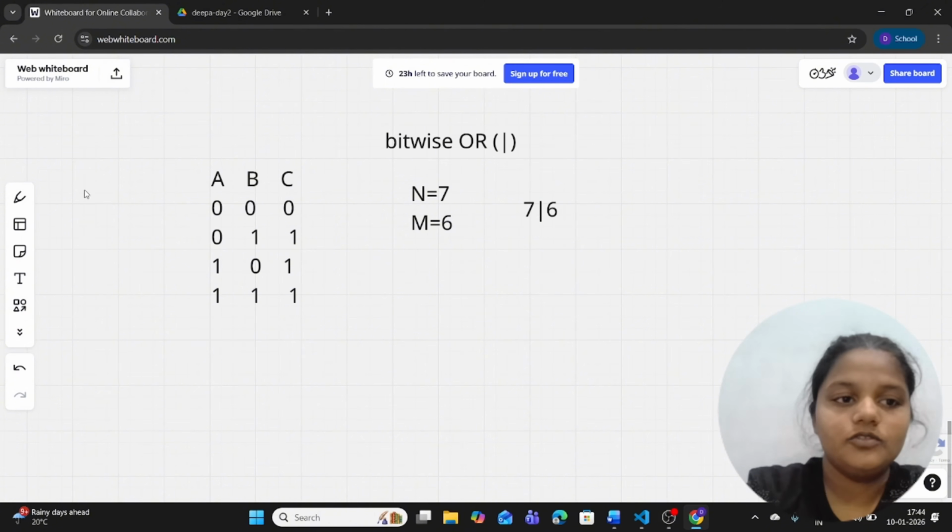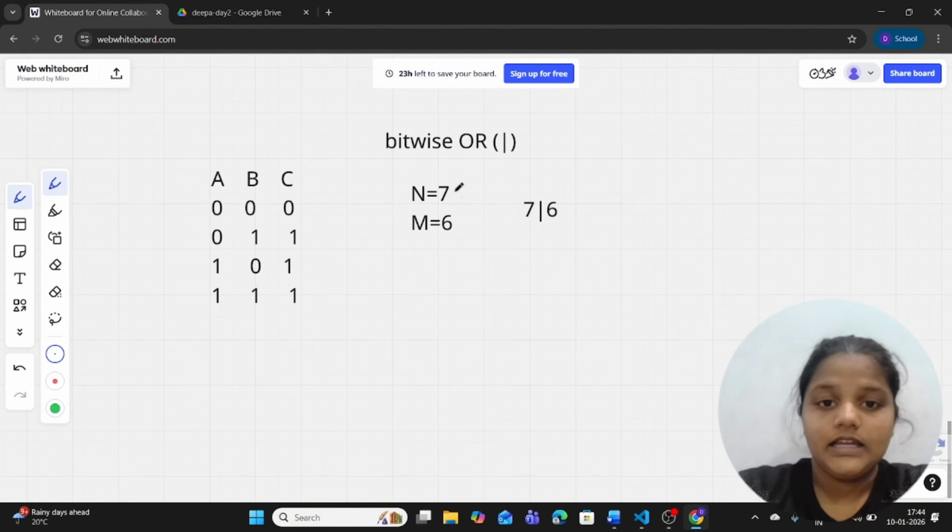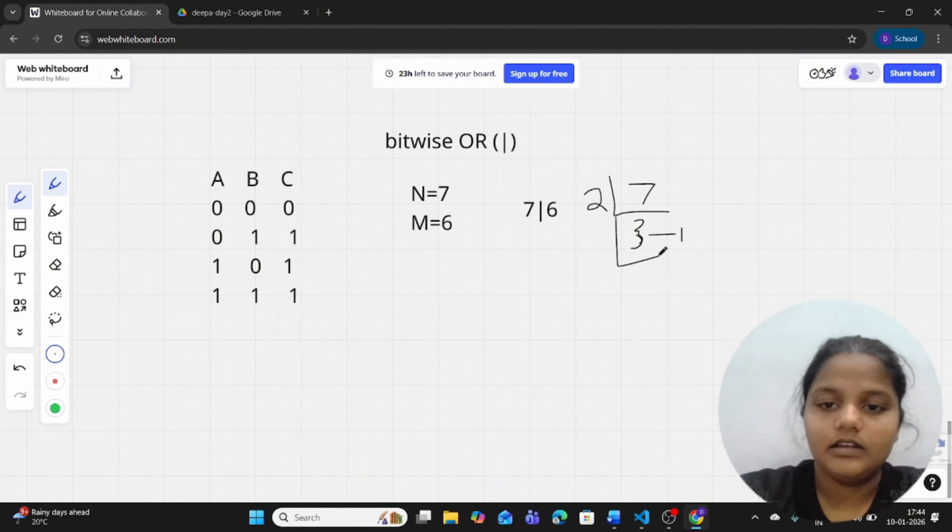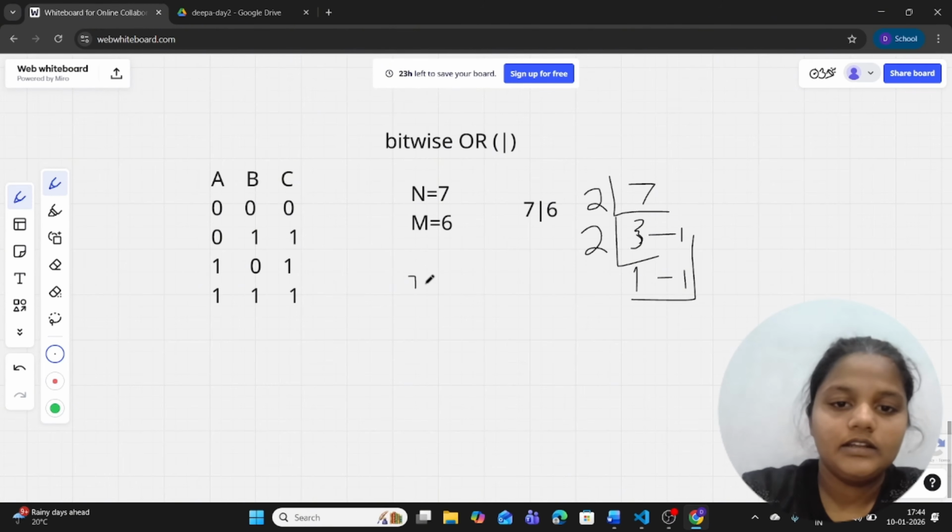First we want to find the binary number of 7 and 6. 7 divided by 2: 2 threes are 6, the remainder is 1. Then again, 2 ones are 2, the remainder is 1. Now reading from down to up for 7, the binary value is 111.